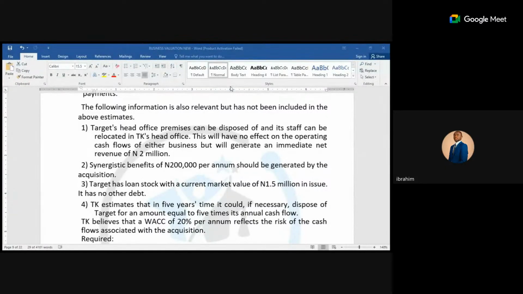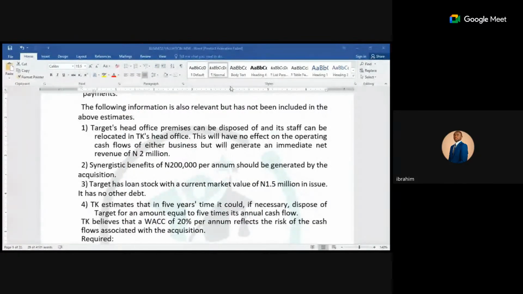Second, they will have the sale of disposal of office premises, which becomes a cash inflow. Third, there will be a synergistic benefit of 200,000 per annum generated by the acquisition. There will be another cash inflow as a result of the acquisition.